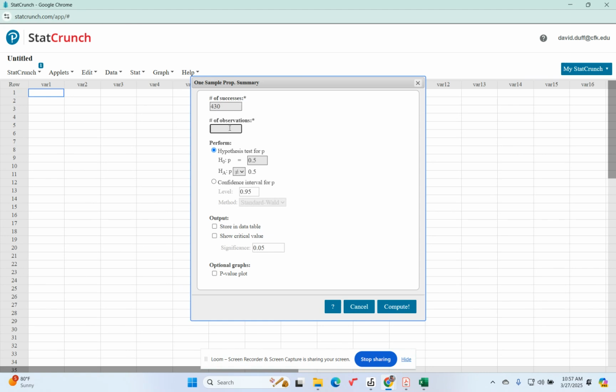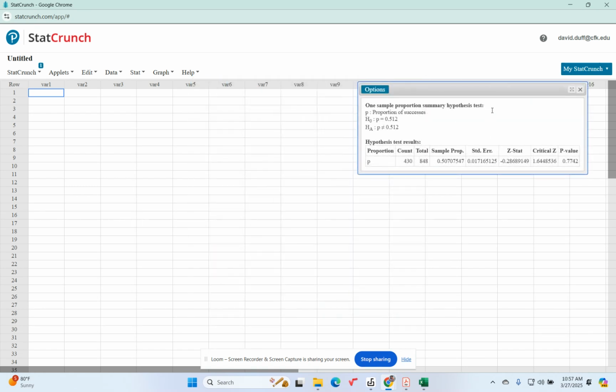And then the number of observations is 848. We're testing to see if P is equal to 0.512 or if P is not equal to 0.512. So we don't have to change anything here. We have a significance level of 0.10. Really, ultimately, all that's going to do is change our critical value, right? So I'm going to hit compute.